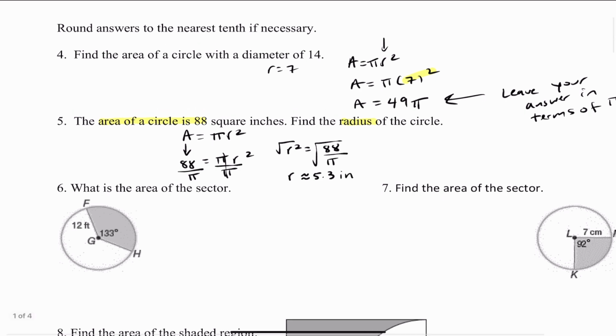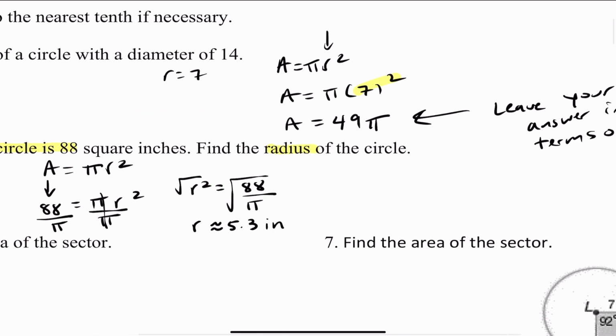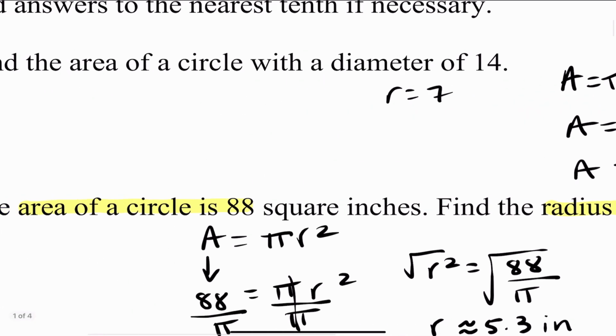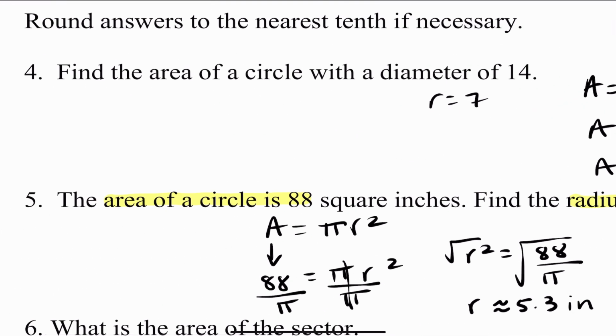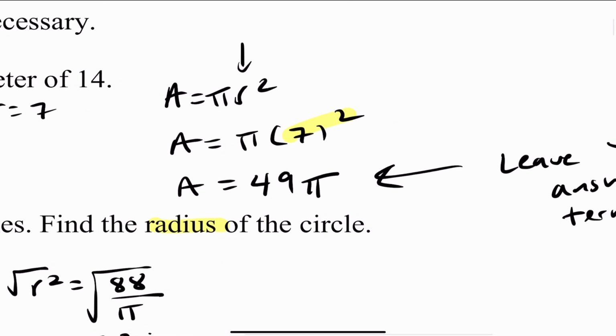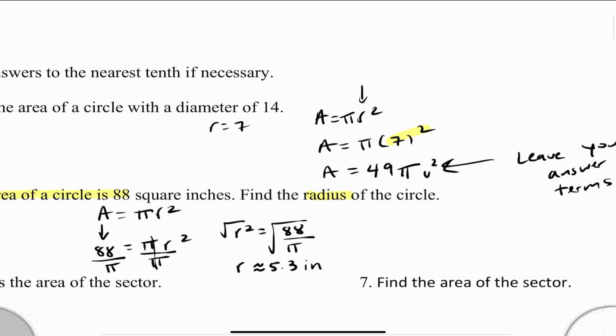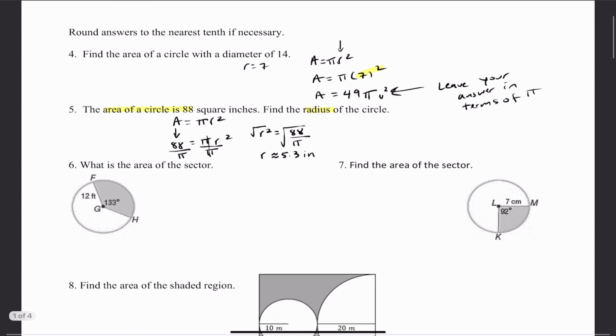And over here, I didn't do a good job putting the unit for this one because we didn't have the unit. Don't forget, if we don't have a unit, you should include a unit. You've got to be generic on this one. You're going to write unit squared, since we're dealing with area, the unit must be squared. So there you go for number 4 and also for number 5.